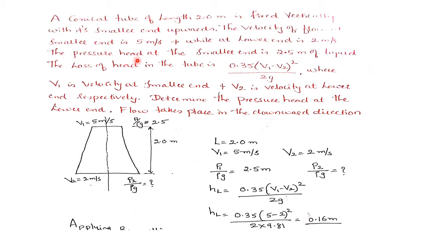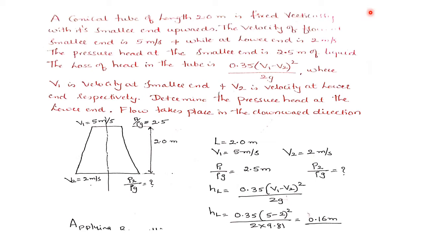The pressure head at the smaller end is 2.5 meter of liquid, whereas loss of head in the tube is 0.35 (V1 minus V2) whole squared divided by 2g, where V1 is the velocity at the smaller end and V2 is the velocity at the lower end respectively. Determine the pressure head at the lower end. Flow takes place in the downward direction.